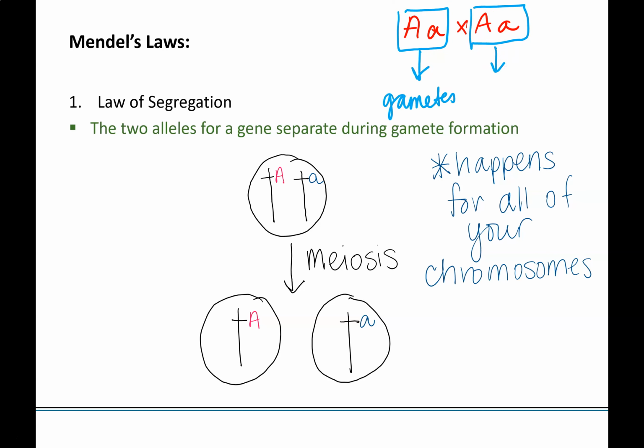When this happens, during the process of meiosis, each gamete that's produced gets one copy of the chromosome, and therefore one of the alleles. Keep in mind that this diagram shows only one chromosome. If this was humans, there would be 23 types of chromosomes and 2 sets each, so 46 chromosomes. So this law of segregation happens for all of your chromosomes. All of the alleles on homologous chromosomes are going to separate independently.